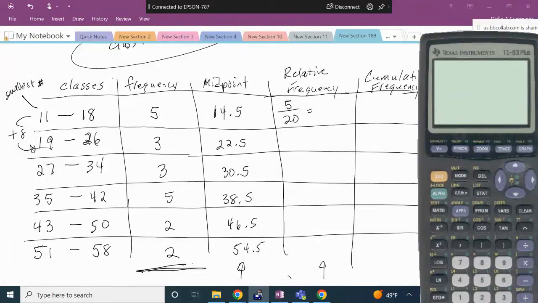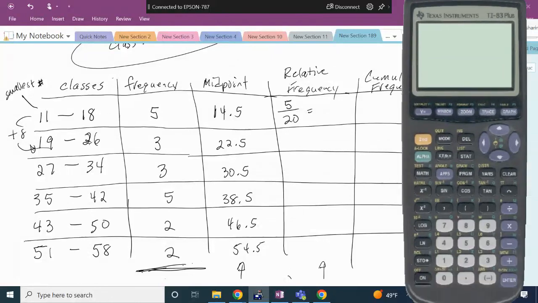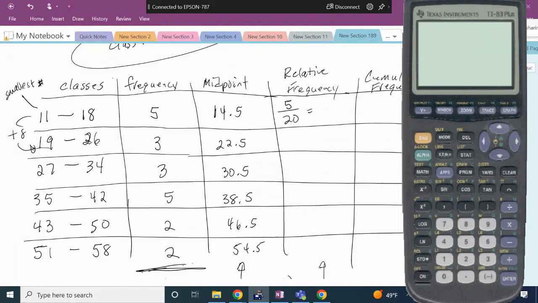So if we convert that to a decimal, sometimes they want you to write them as a fraction, but you have to make sure when you write out fractions that they're always in the lowest form. So you could actually get the calculator to do that. So I can put in 5 divided by 20, right? And it's going to give me 0.25.